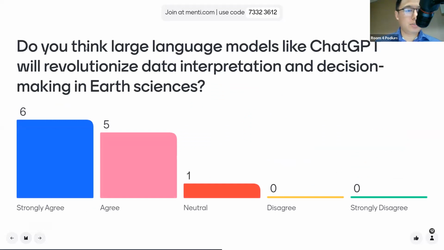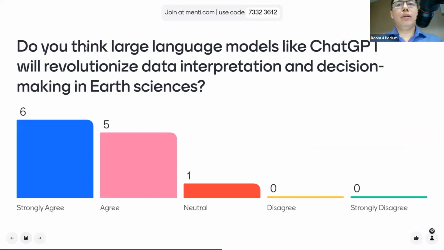Okay, next question. Do you think large language models like ChatGPT will revolutionize data interpretation and decision making in the earth sciences? Currently, the people I work with mostly use physics-based models to interpret data.